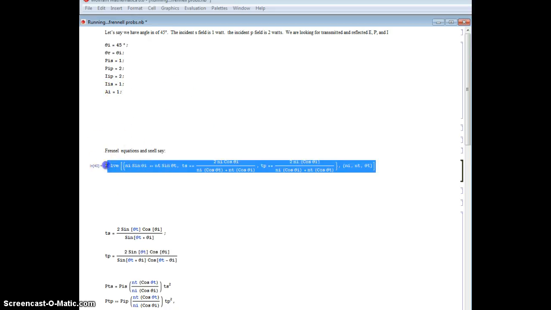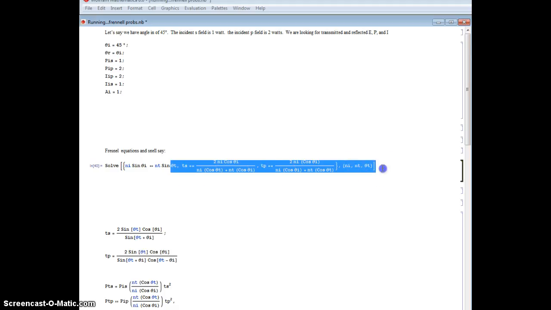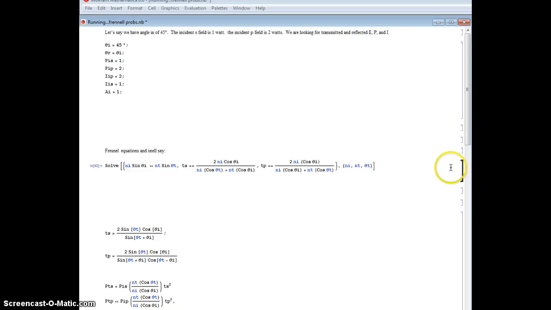Okay, Fresnel and Snell. This is where it doesn't like me. Obviously, n sine theta I equals n_t sine theta t. Then I've got my second equation, which is for Ts, and I've got the one for Tp. I'm using the first one in the book, which includes n's and angles, and I'm trying to solve for Ni, Nt, and theta t, and it doesn't want to do it.